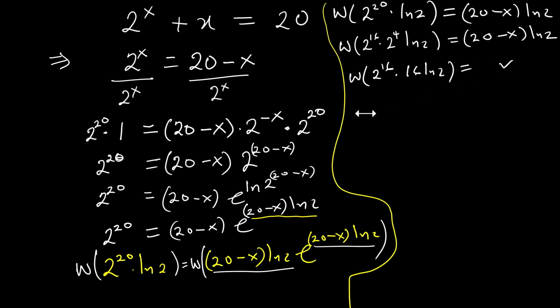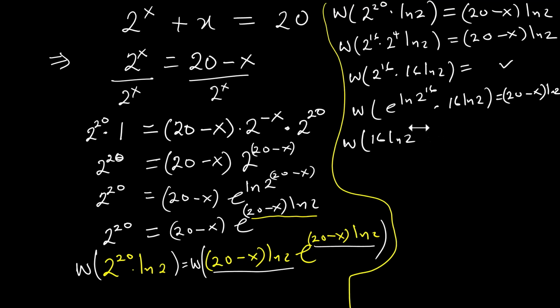equals to that. Now, can we introduce e raised to ln to this so that we take the W function here? Let's try and see. This one can be written as e raised to ln of 2 to the power 16 times 16 ln of 2 equals 20 minus x ln of 2. So we can rewrite this one as 16 ln of 2 times e.